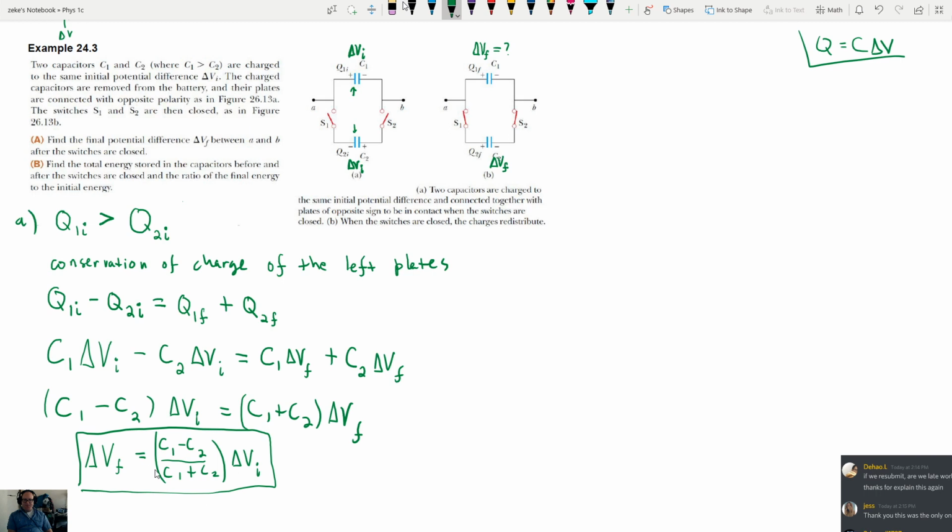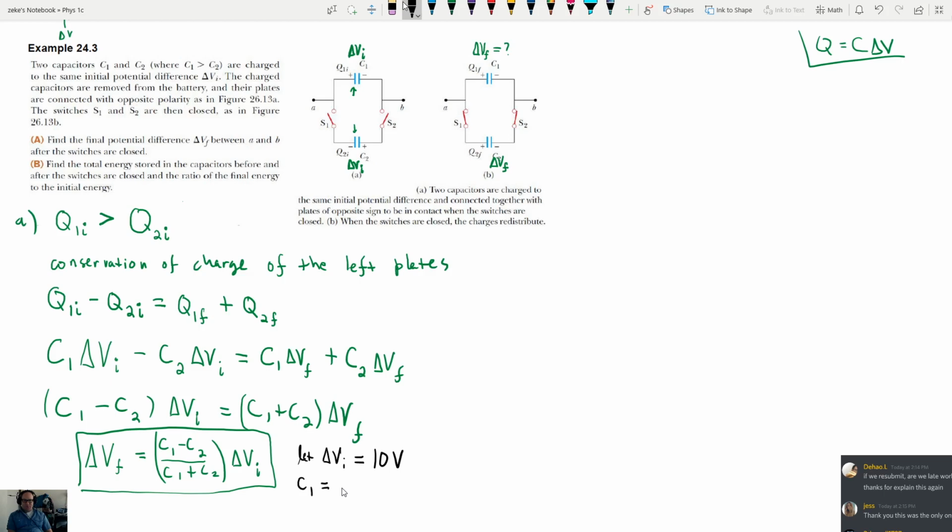Now, looking at this is kind of hard to understand what it's really saying. But what it's saying is actually pretty simple. So let's just pick some numbers so we can get an idea of what it means. Let delta V initial be equal to, let's say, 10 volts, and we have to have C1 greater than C2, right?